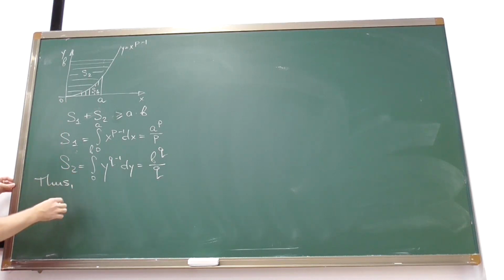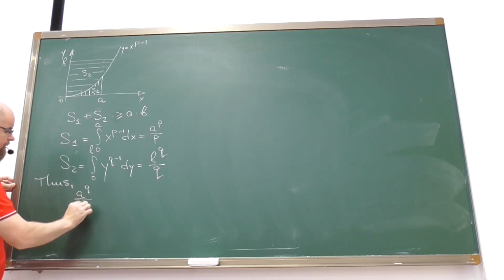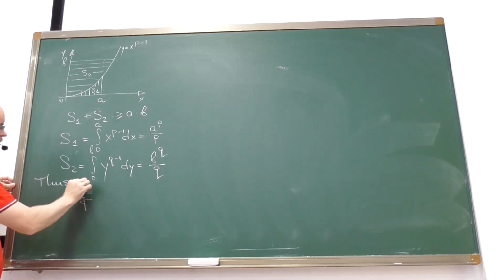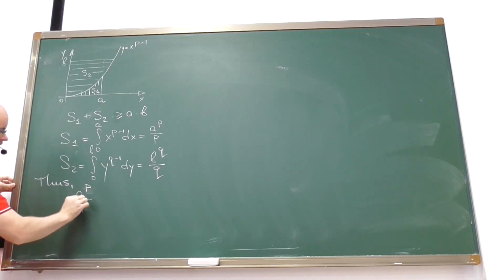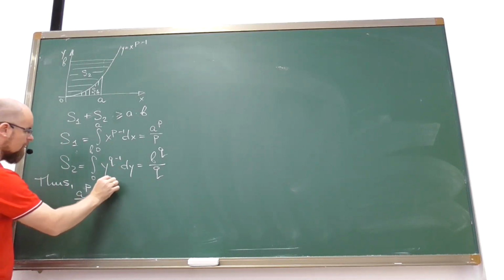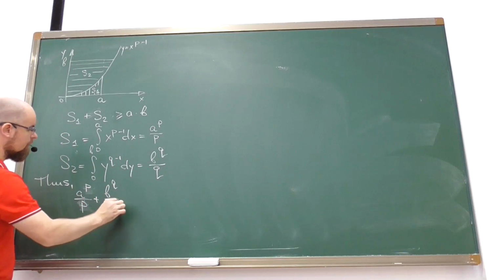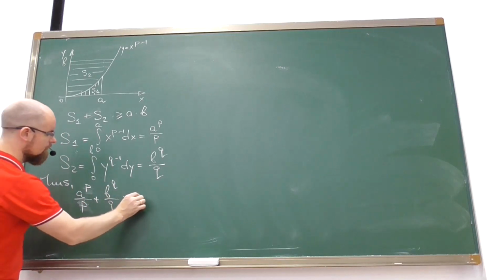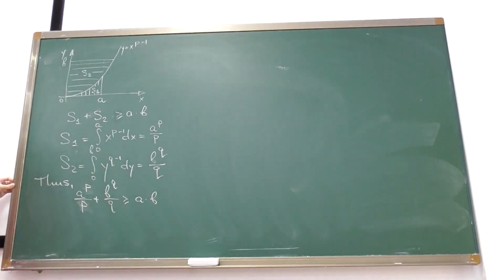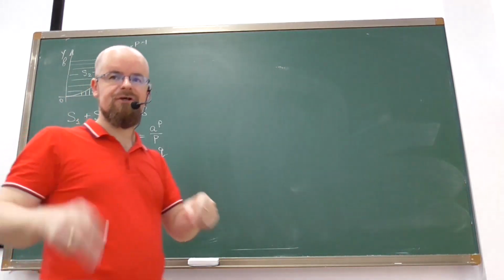We have proven that a to the power of p over p plus b to the power of q over q is greater than or equal to a times b. Well, we have used here that p and q are related, so they are conjugates of each other.